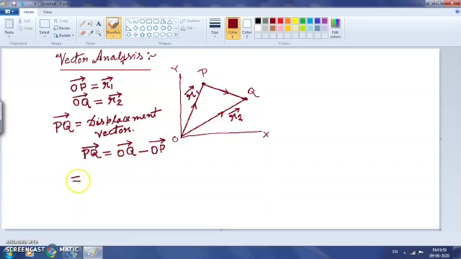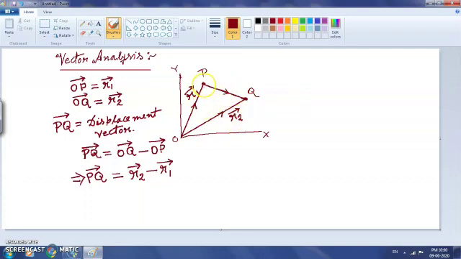So the displacement vector PQ can be written as R2 minus R1. For point P, OP is the position vector. For point Q, OQ is the position vector. The position vector of P is the R1 vector and the position vector of Q is the R2 vector.